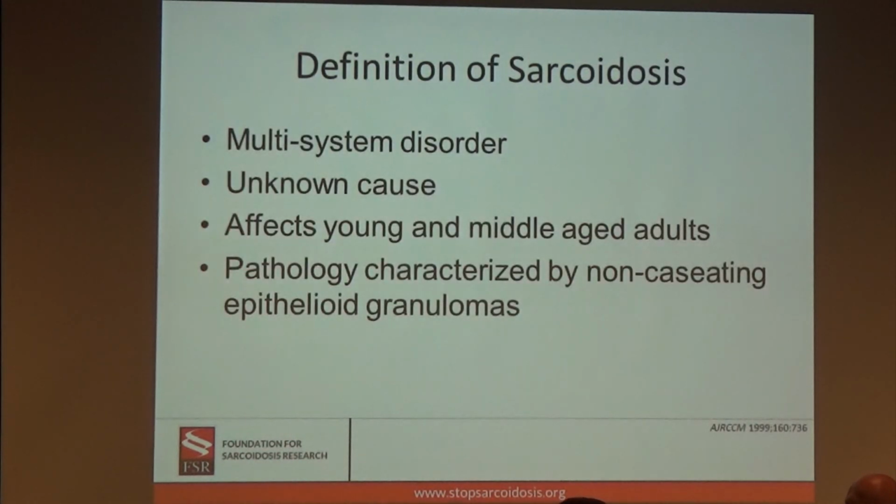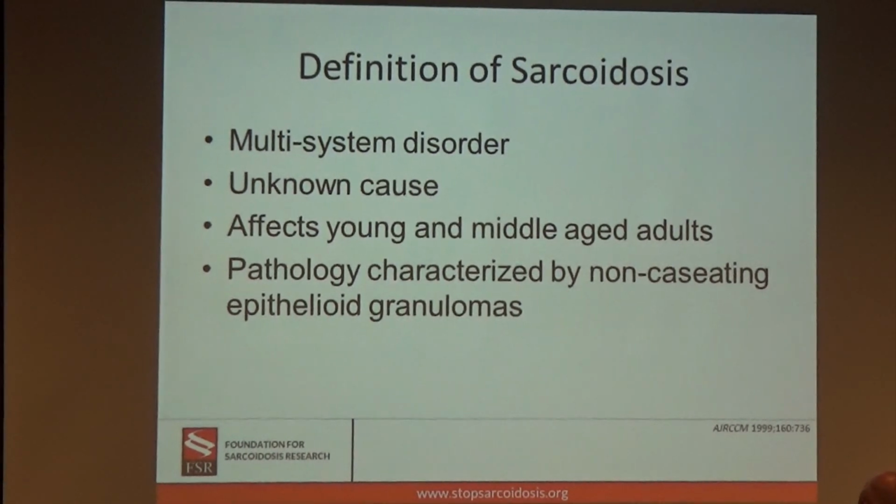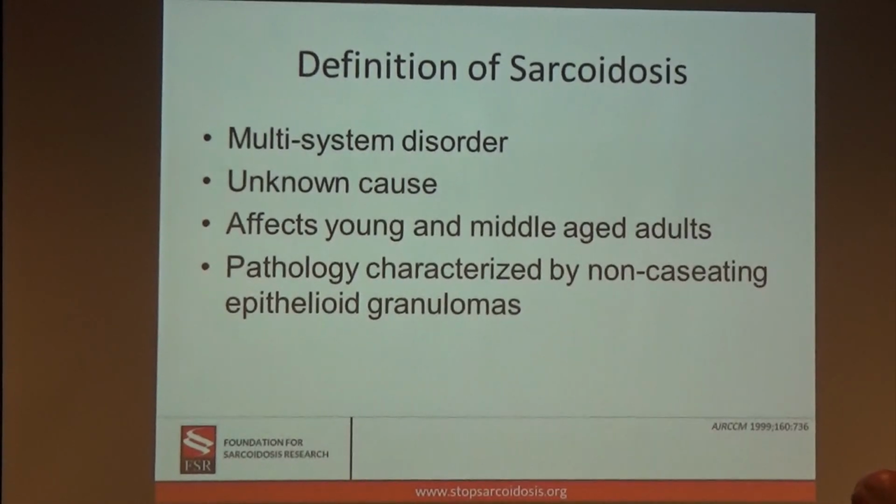So how is sarcoidosis defined? The official definition of sarcoidosis comes from a paper from 1999 that's actually in the process of being updated at this point by some of the other speakers that you're going to meet later today. So the official definition is it's a multi-system disorder, which means that it can affect many parts of the body. The cause is unknown.